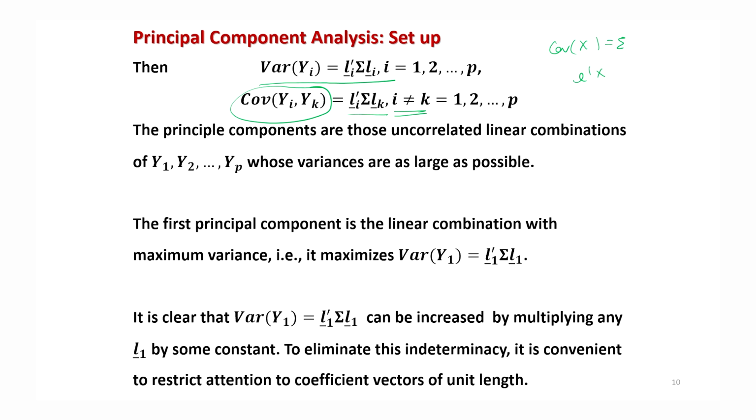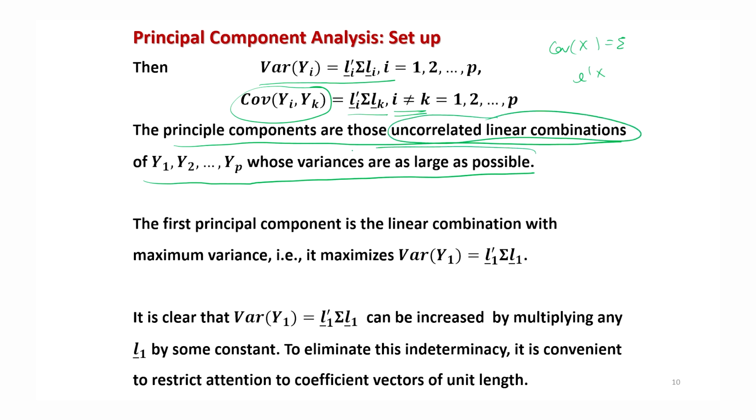Right. So the principal components are those uncorrelated linear combinations Y1, Y2, ..., Yp whose variances are as large as possible. Very important statement. I have incorporated two aspects here: uncorrelated linear combinations and variances as large as possible.